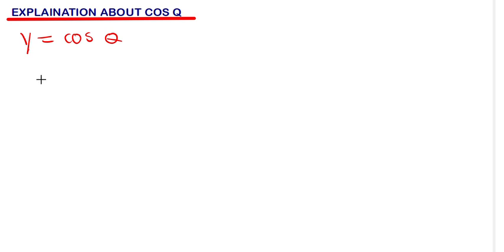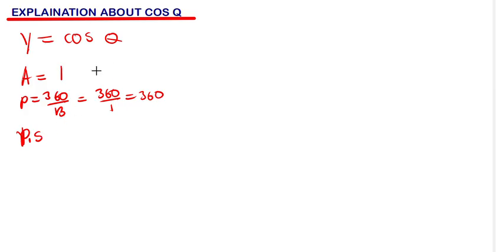Now in here, the first thing that you do: amplitude 1, period 360 over b. What is the coefficient? It's 1. So it will be 360 over 1. So the answer is 360.